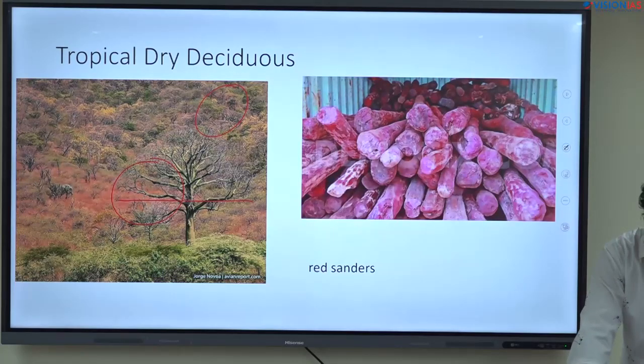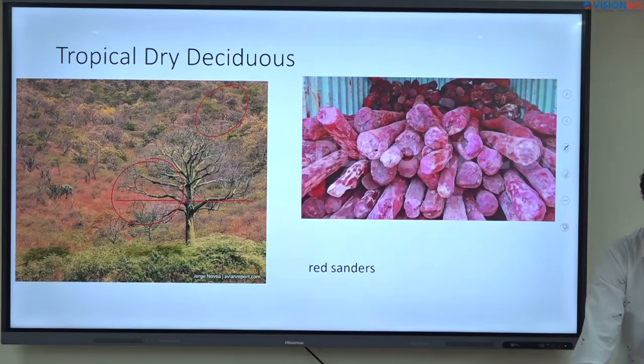The forest is composed of a mixture of few species of deciduous trees which can go up to a height of 20 meters. If you compare it with evergreen forest, that trees can reach 60 meters. But here the height is 20 meters only. Trees are not that big.